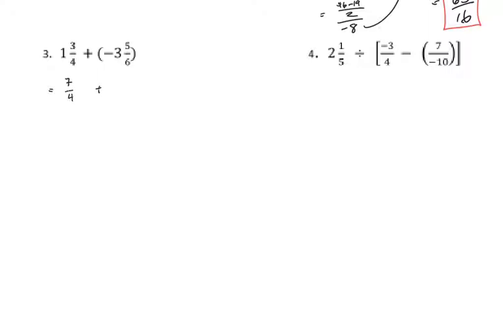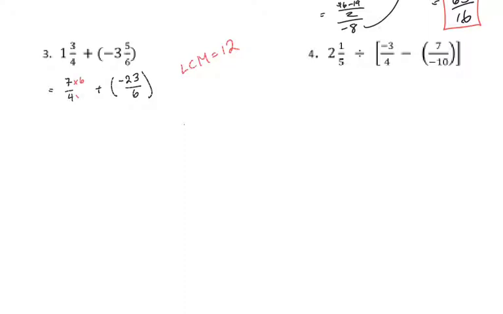And then we have, well, 6 times 3 is 18 plus 5 is 23, so the top is -23 over 6. The LCM in this case is going to be 12, not 24, because 12 can be divided by 6 and 4. So I must multiply this by 6.